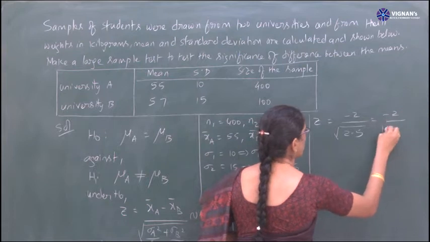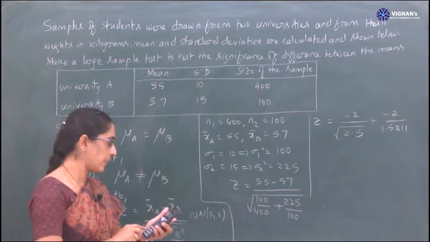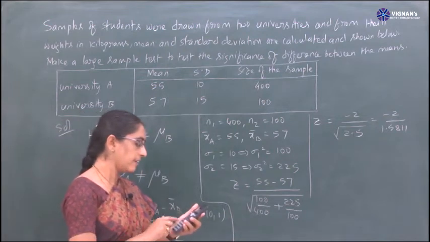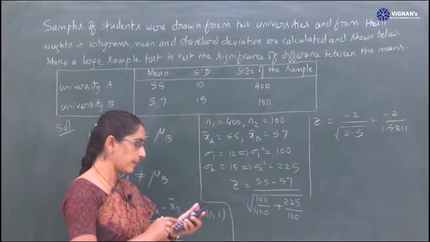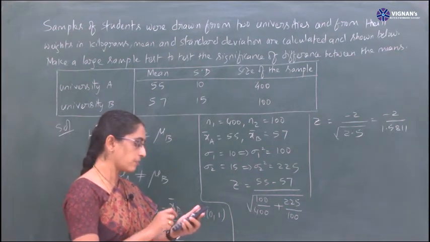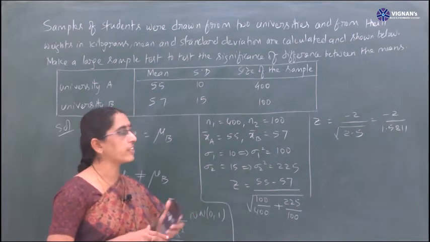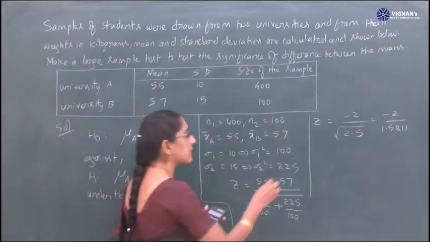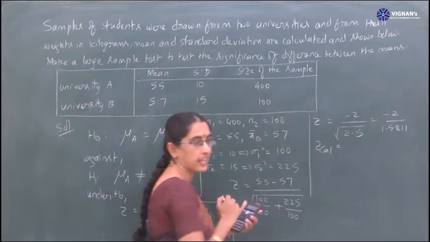So minus 2 by 1.5811. First we have to simplify sigma 1 square by n1 plus sigma 2 square by n2, then press the square root of that, right? Then you will get 1.5811. Now z will be negative, because in the numerator we have a negative.